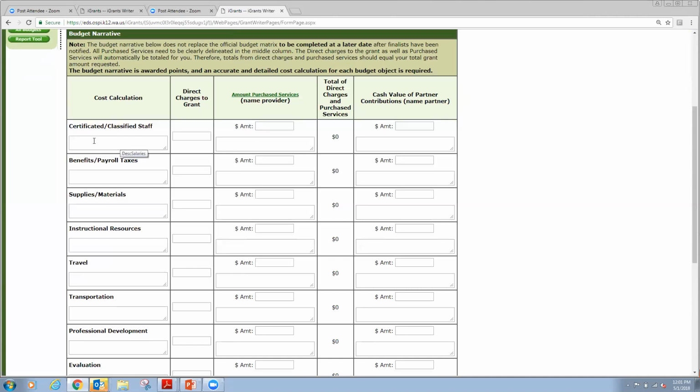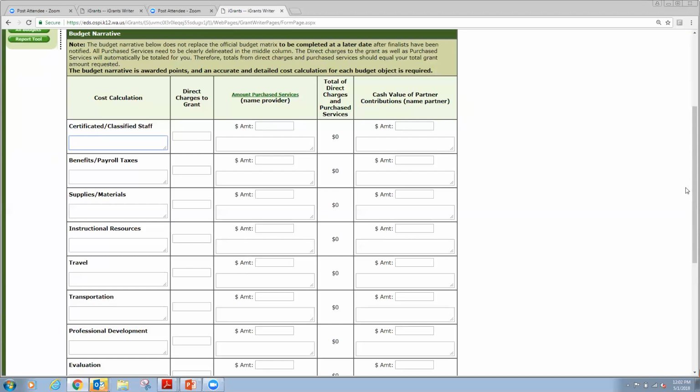For example, if you're hiring a site coordinator for 20 hours a week, we would want to see 20 hours a week times $18 an hour equals so much per week, and so much per year. So really detailed cost calculations give the readers a better idea of what you're proposing to do with your funds, and also gives us a better idea to see how the program is being managed.